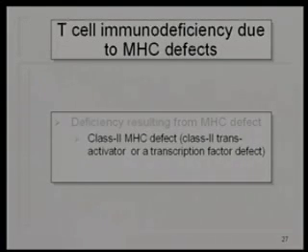class 1. And likewise, class 2 MHC also is involved in selection of CD4 cells. So in the case of class 1, there will be a defect in CD8 cells. In the case of class 2, there will be a defect in CD4 positive cells.